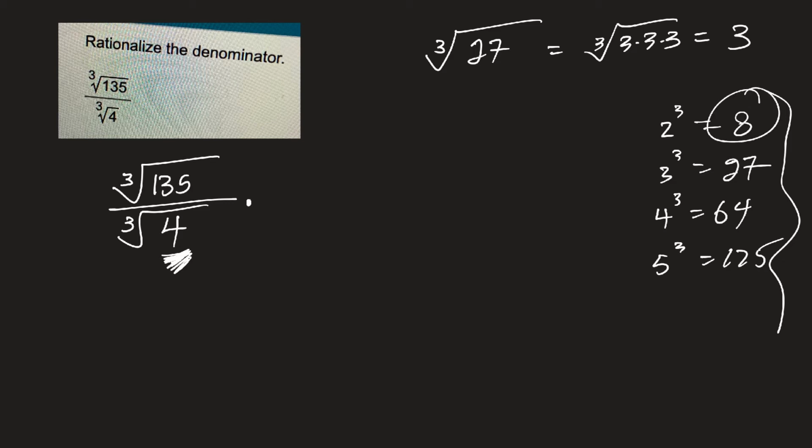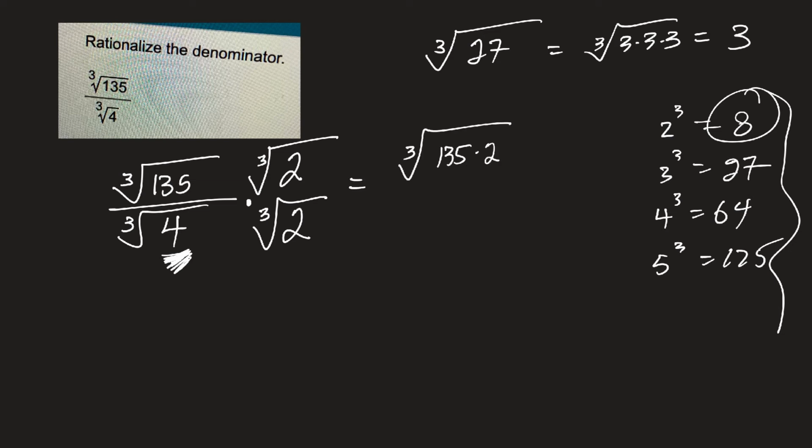So I'm going to multiply top and bottom by the cube root of a number so that I can get 8 on the bottom. Okay, so 4 times 2, of course, is 8. So on the top, I'd have the cube root of 135 times 2 over the cube root of 4 times 2. And 4 is the same as 2 times 2.